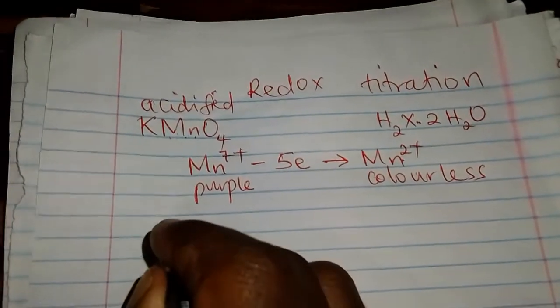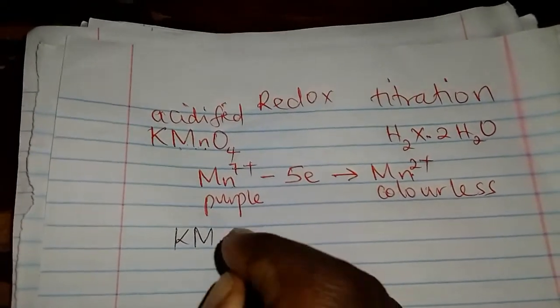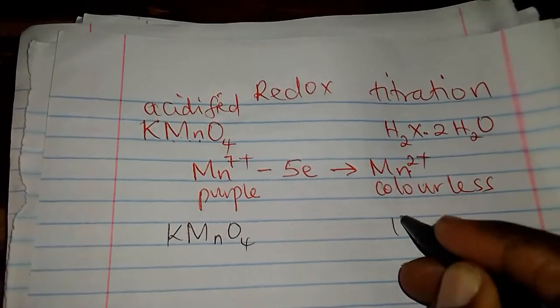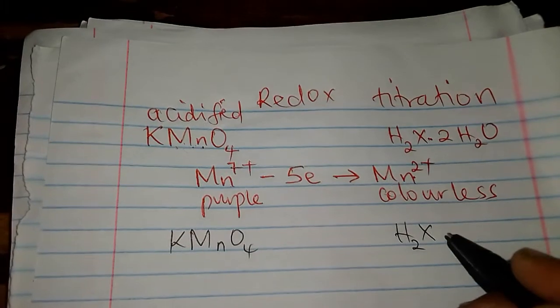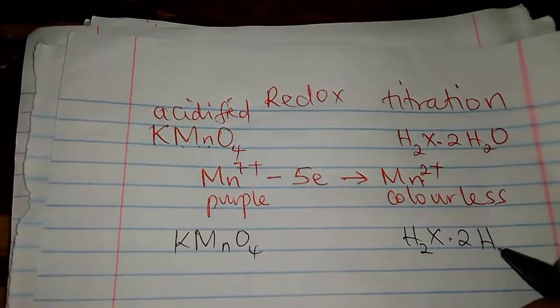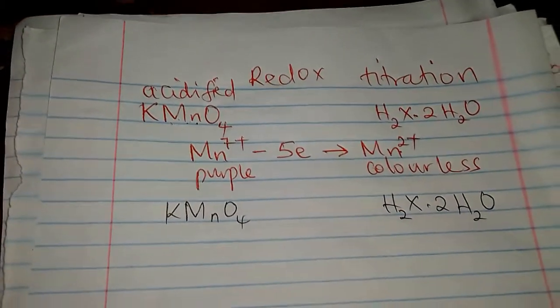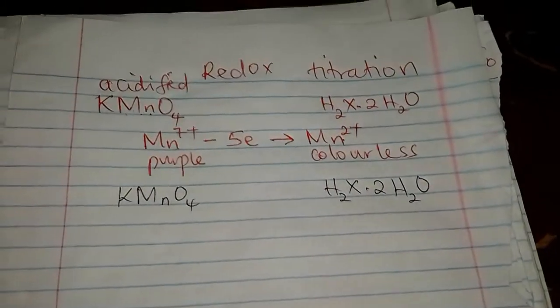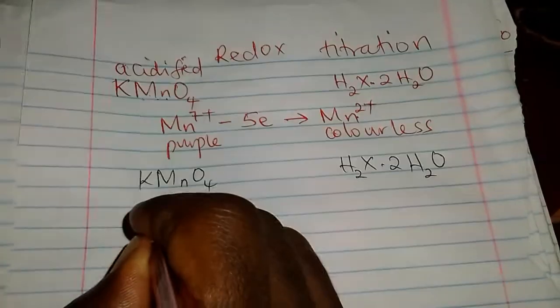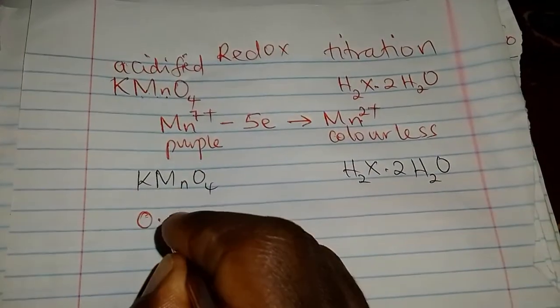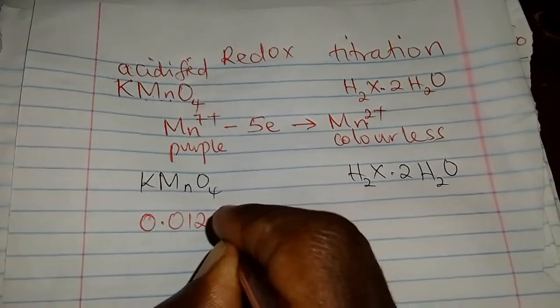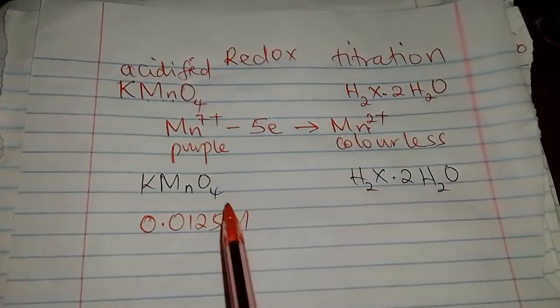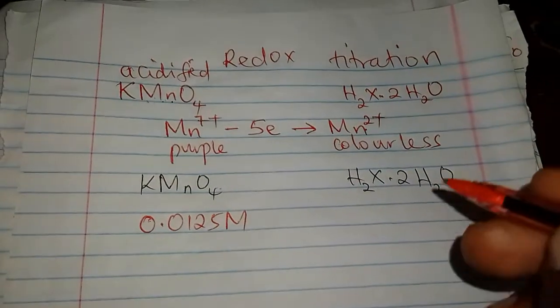So assuming I'm given this task and I have to get maybe the value of X at the end of the reaction in relation to this titration, I can assume a molarity of 0.0125 molar for the potassium manganate(VII).